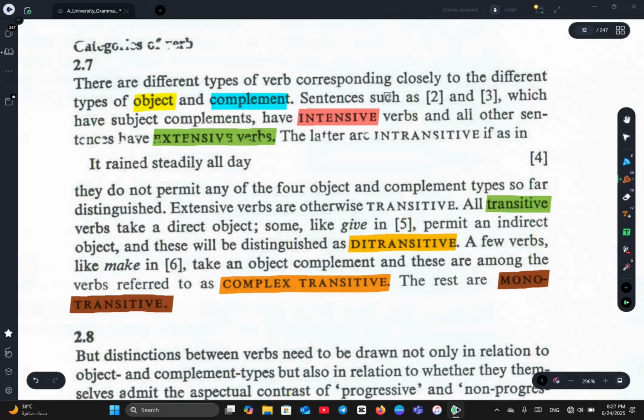There are different types of verbs corresponding closely to different types of object and complement. So the different types of verbs depend on the type of object and complements. In other words, verbs are categorized into different categories depending on the objects and complements.